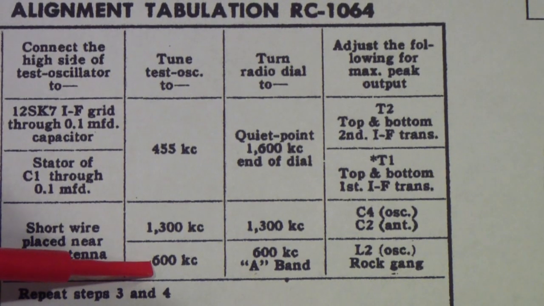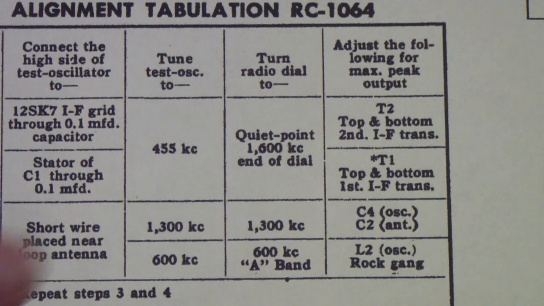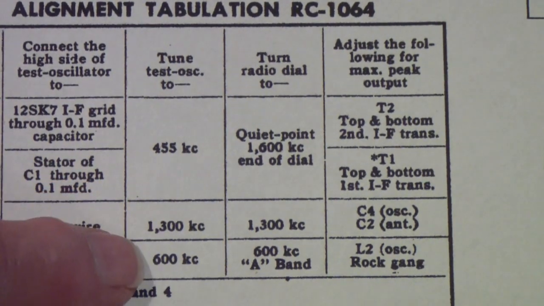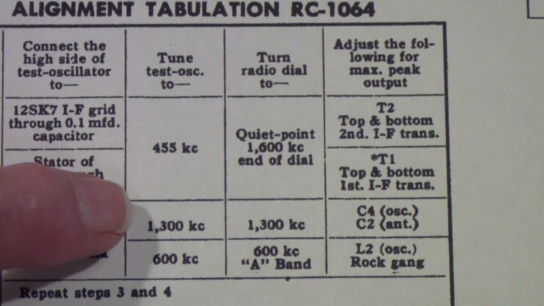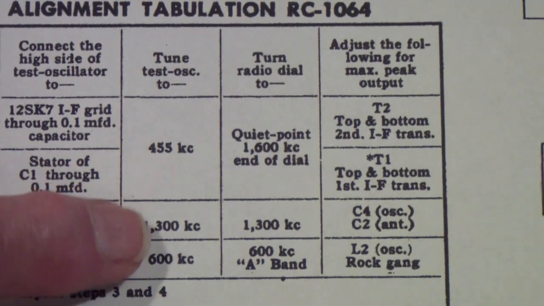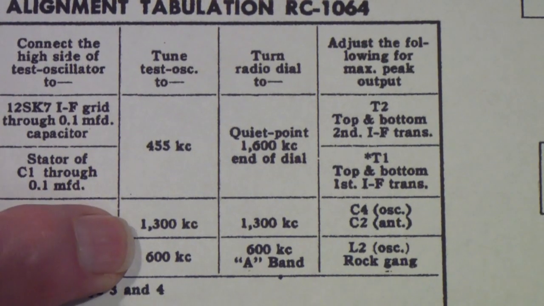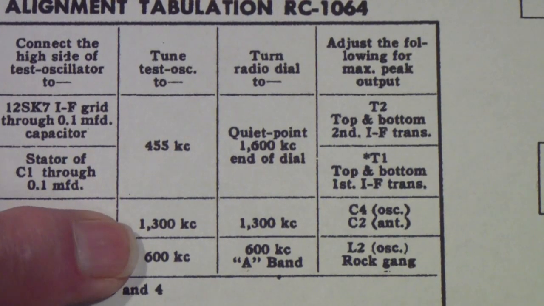best performance. Now this receiver has a high-end adjustment and a low-end adjustment. Some of them just have one adjustment, and they sometimes recommend that you adjust that in the middle, like at 1,000 kilohertz.